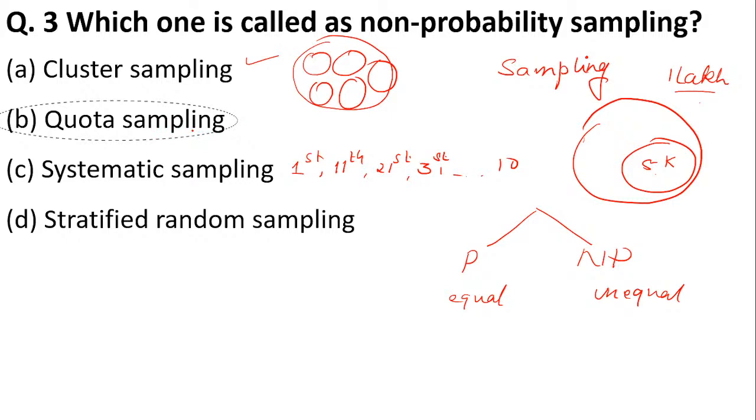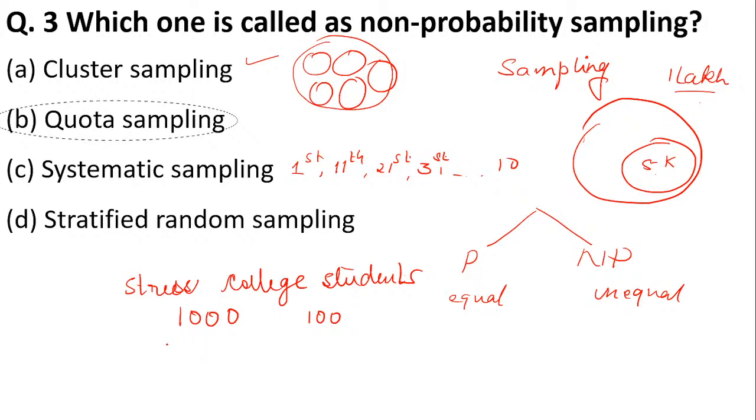I'll give you a very good example of quota sampling, students. For example, there is a college and you have to do research on stress seen in college students. There are 1000 students and you have to select only 100 students for the research. So you will see the quota: what is the ratio between the number of girls and boys?